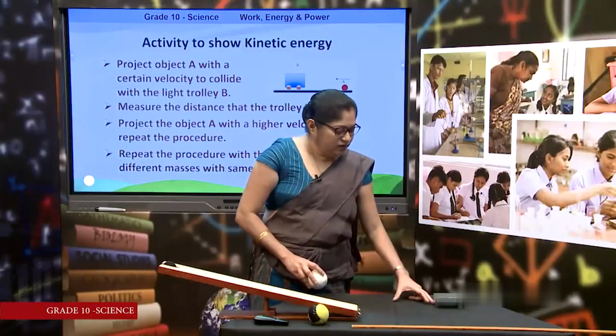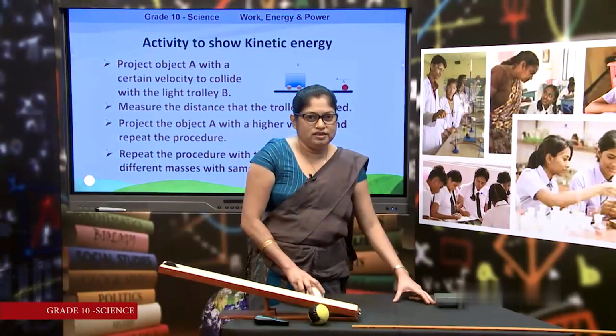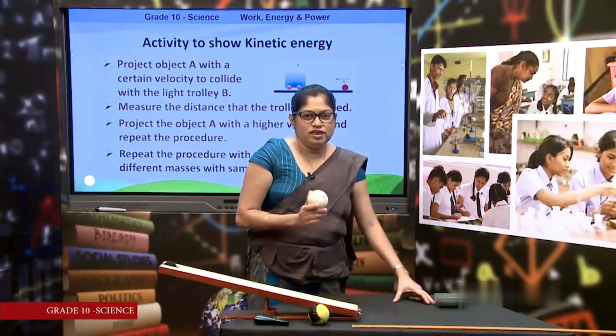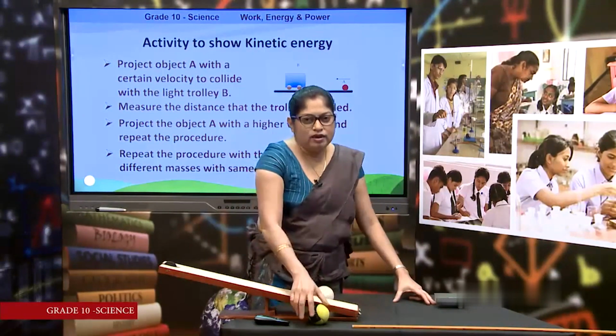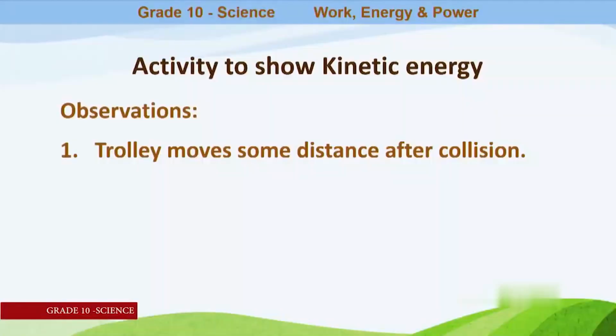Here you observed the light trolley travels a longer distance when I project with this leather ball than when I use the tennis ball. Now, let us see what the observations are.